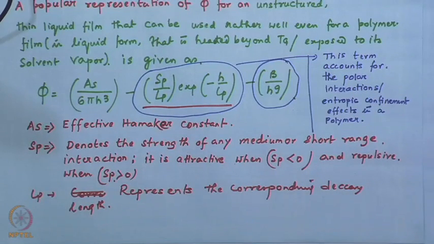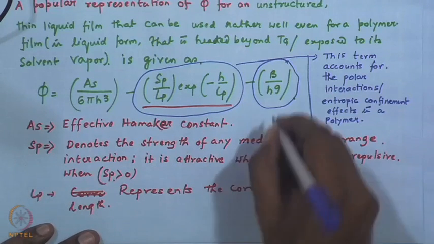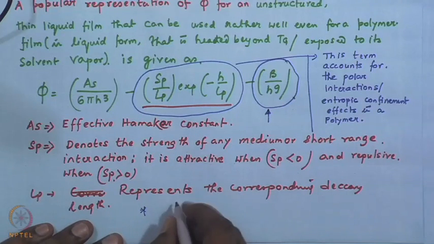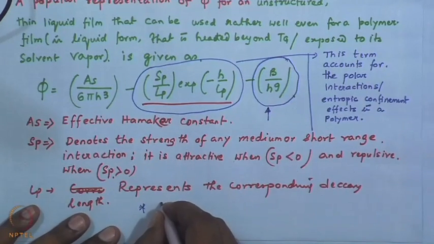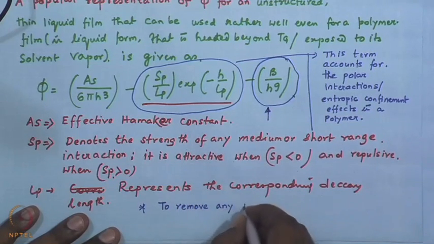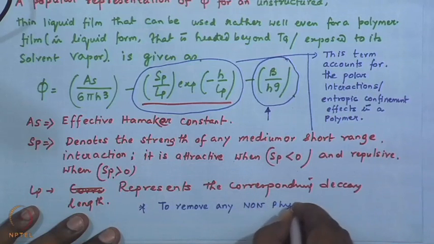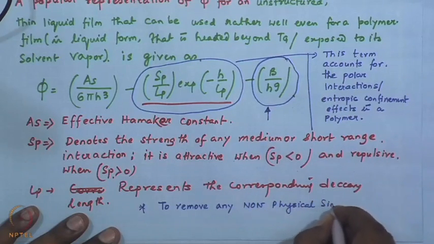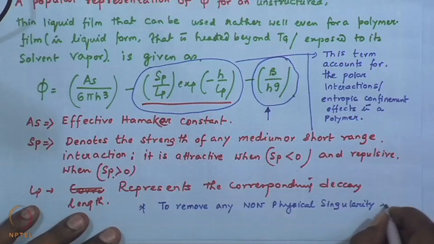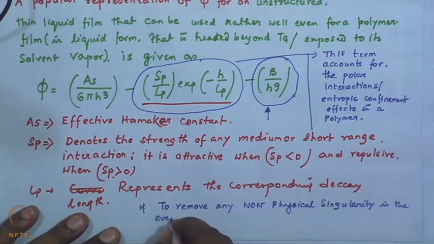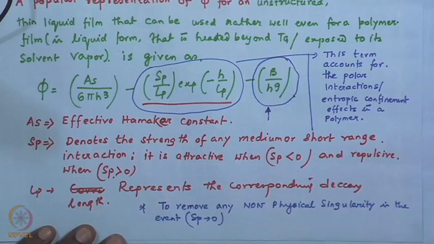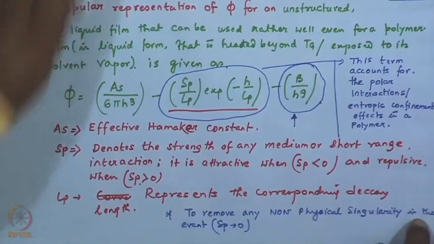This is more of an artificial term and particularly included for simulation, which is present to remove any non-physical singularity in the event Sp tends to 0, that is, there is no repulsive term present in the system.